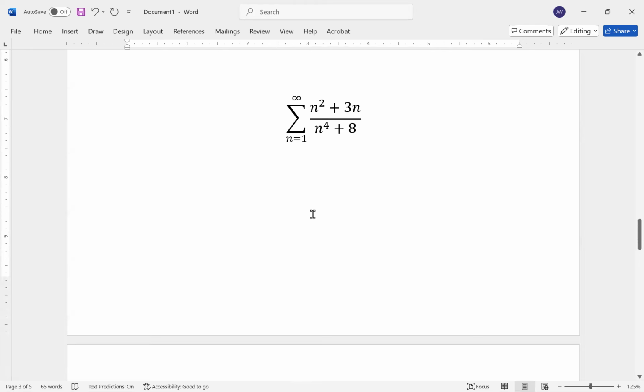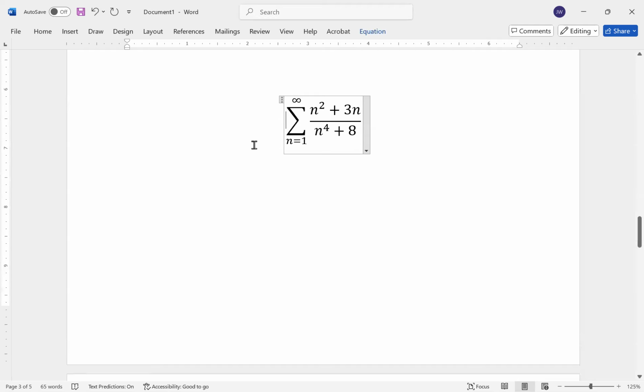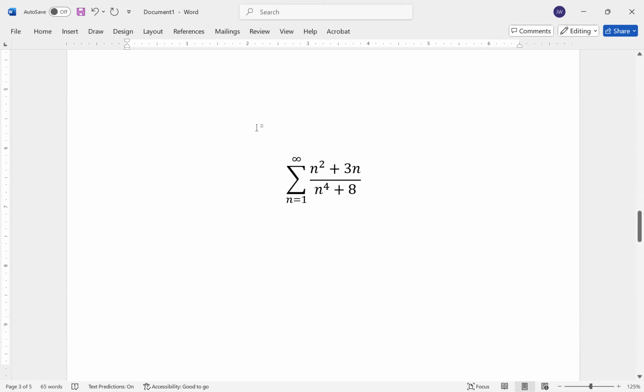Now, one thing to be wary of in the ratio test is something like this. If I have n squared over n squared plus 3n over n to the fourth plus 8, I cannot simply say that the denominator is a faster growth, because both the denominator and the numerator are n to the p type growth.